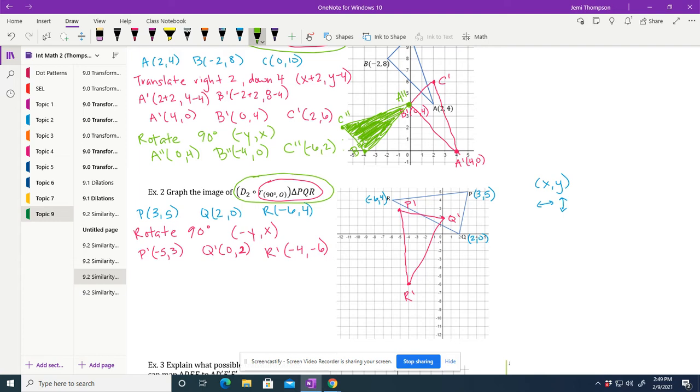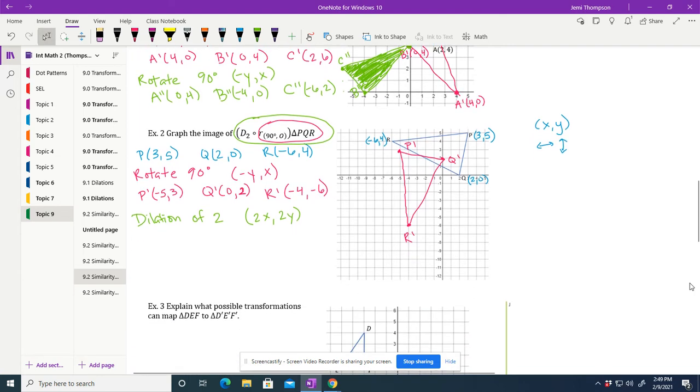Second transformation is going to be a dilation of 2. So I'm going to take 2 times every x value and 2 times every y value because I'm dilating from the origin, which makes things easier. If this video is going too fast, please slow it down. I don't want to glaze over anything super important.